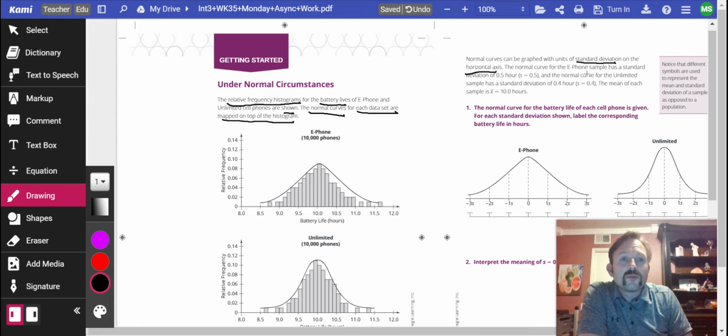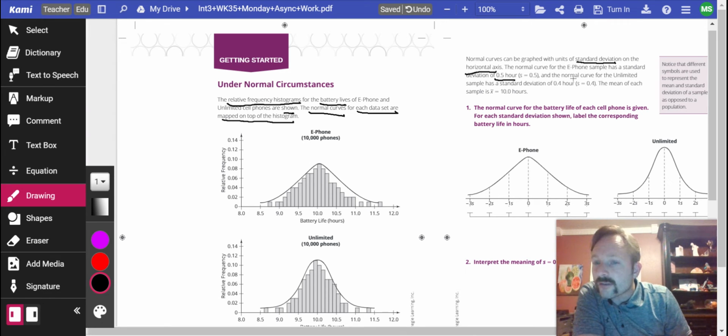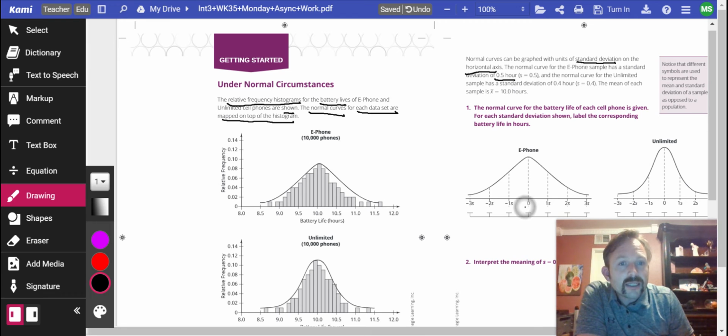The normal curve for the ePhone sample has a standard deviation of 0.5 hours. So that means in each of the deviations, for the ePhone, it goes up by 0.5. So what we're going to do is write down, it starts at 10, it's going to go to 10.5.